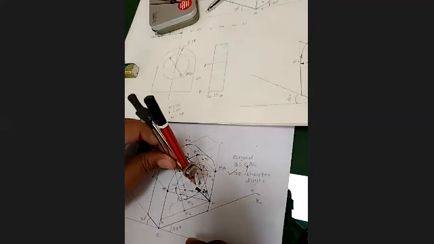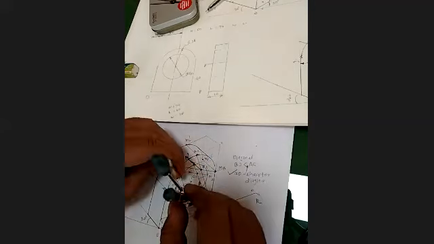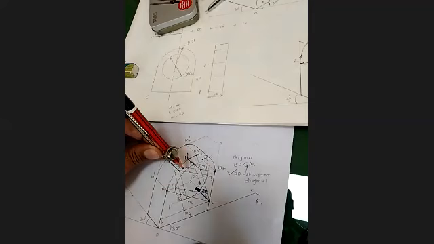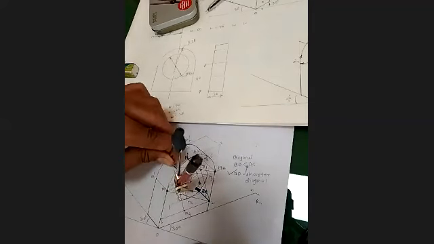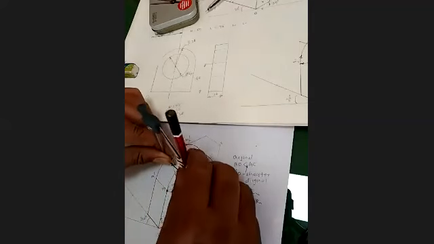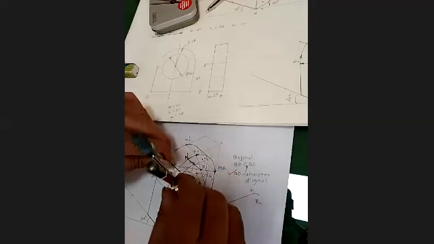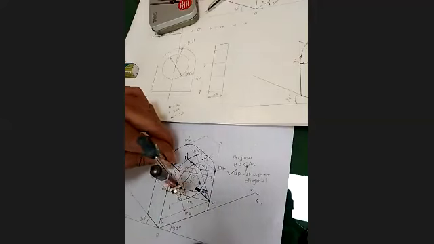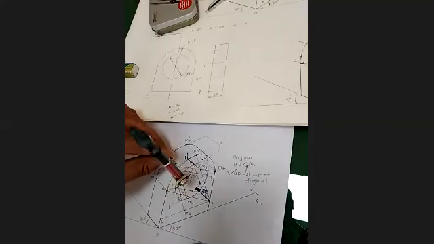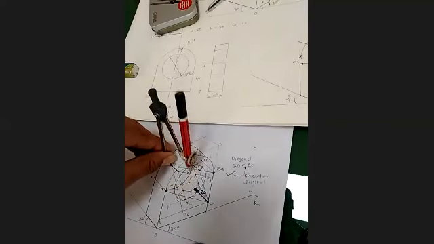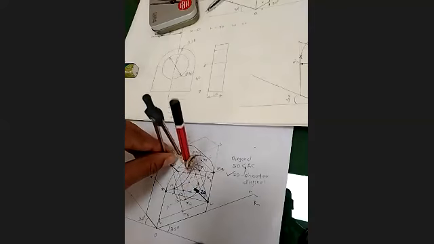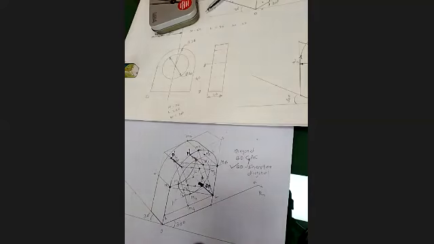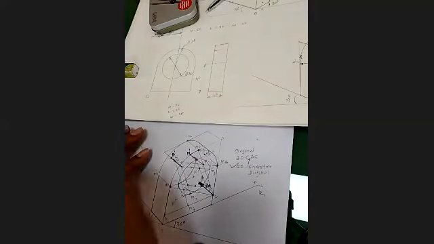Similarly, take the same distance in the compass, keep it at B1, B dash, and draw an arc which is going to cover this circle. Till this edge, you will get the semicircle. And this will give the complete solution.